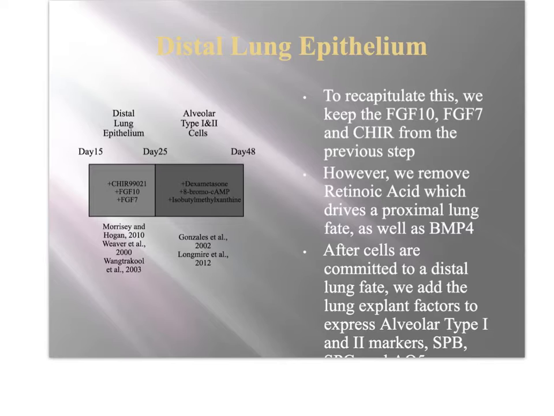What we did change, though, is we dropped retinoic acid as well as BMP from the mix, as both were shown to lead cells to a proximal fate. After treatment with that, we then worked on maturation. We used a cocktail consisting of a steroid called dexamethasone, cyclic AMP, as well as isobutylmethylxanthine. This cocktail has been shown in both fetal and human lung explants to rapidly mature distal lung epithelium.